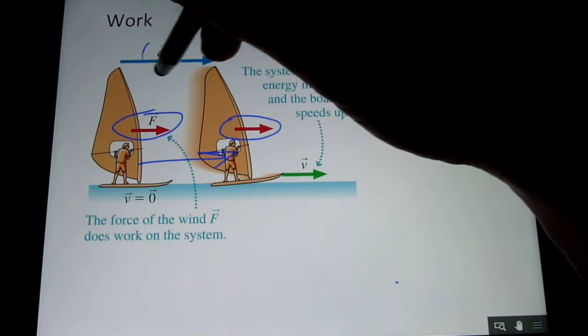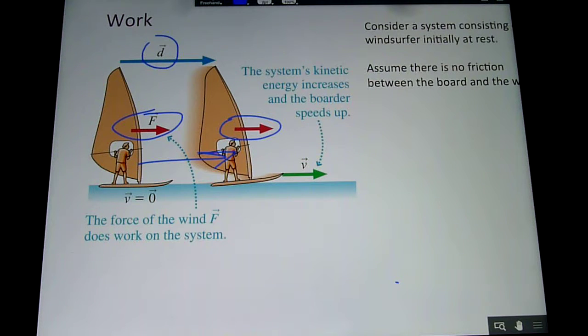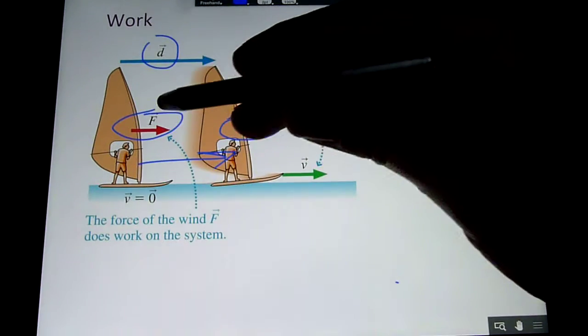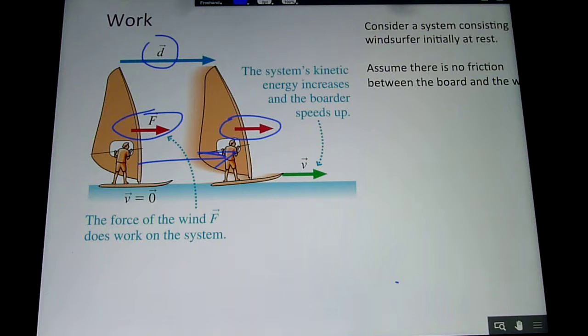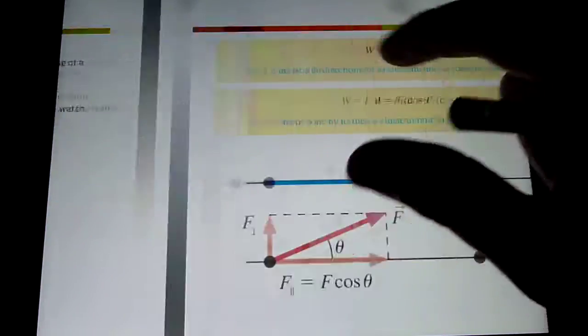The more I push them, the farther the distance is, we expect the more energy I'm pumping into my system. Similarly, the harder that I push, the more energy I'm putting into my system. So we expect that the formula that relates work and energy should depend on force and distance. And sure enough, it does.